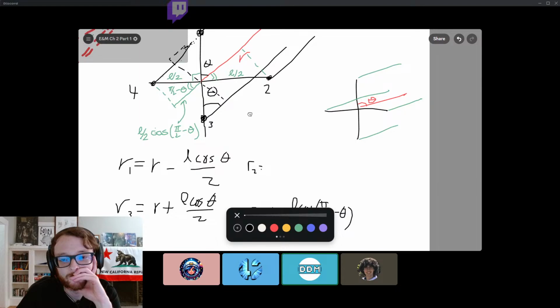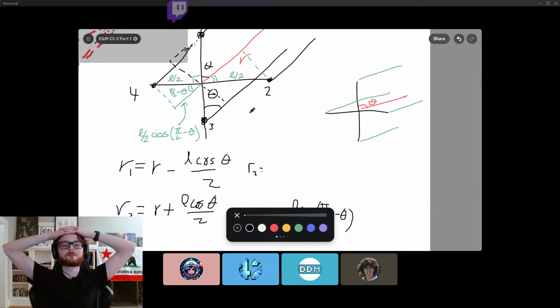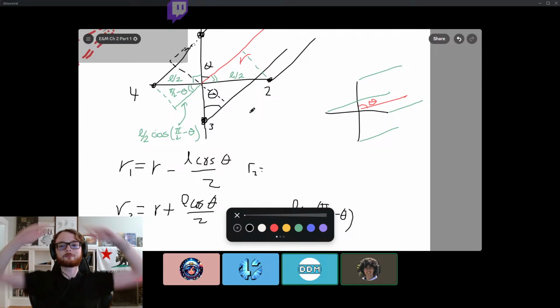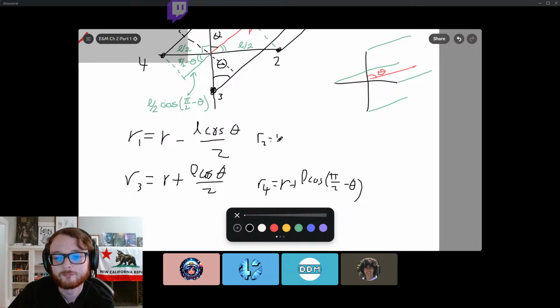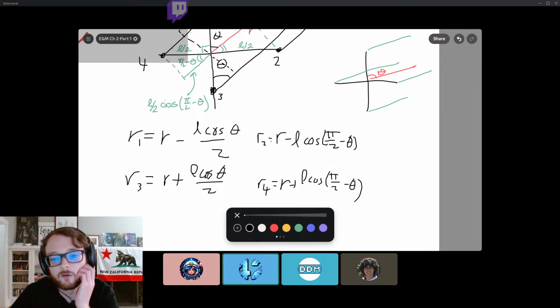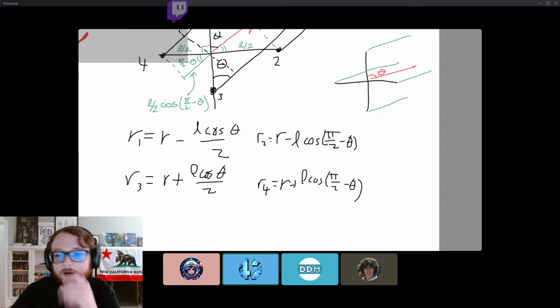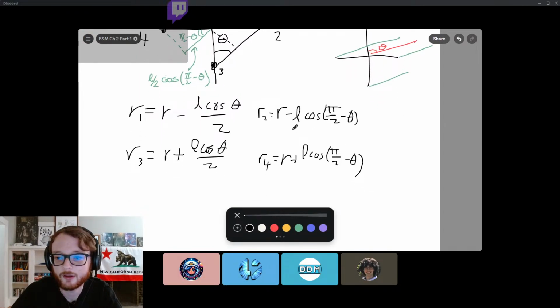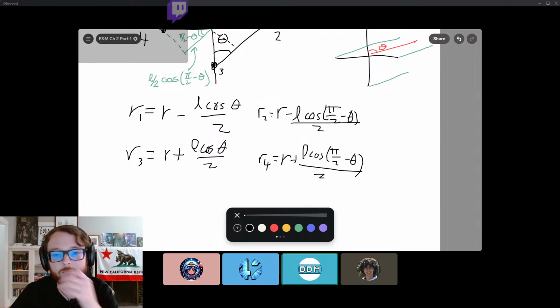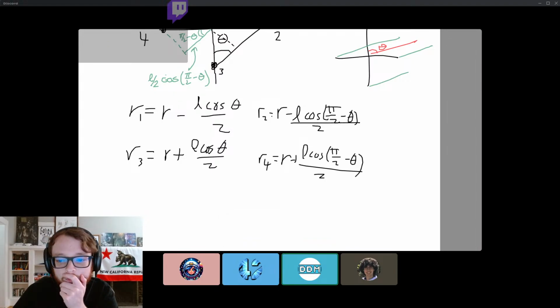I don't know. It should be. Okay. Yeah, I guess because it's symmetric. You do need L over 2 in those. Good catch. I just miscopied what Stuki wrote.